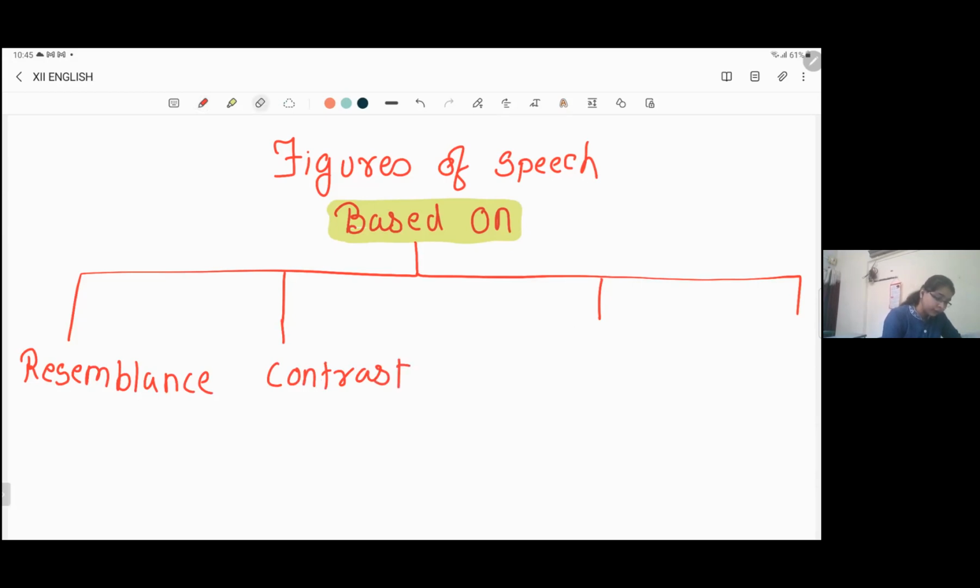Third, it is based on association. And fourth, sorry, first is resemblance, second is contrast, third is association, and fourth is construction.